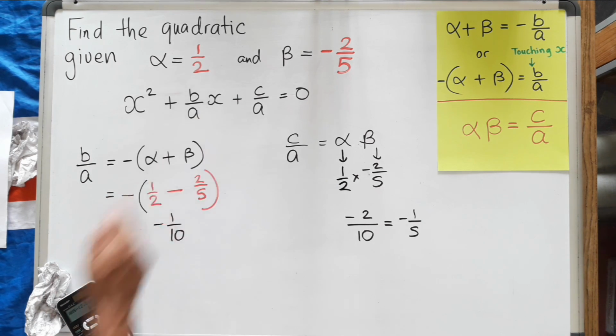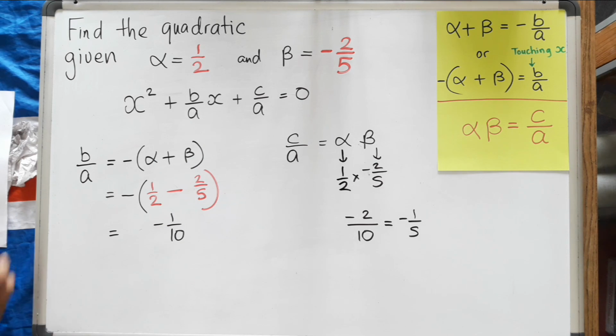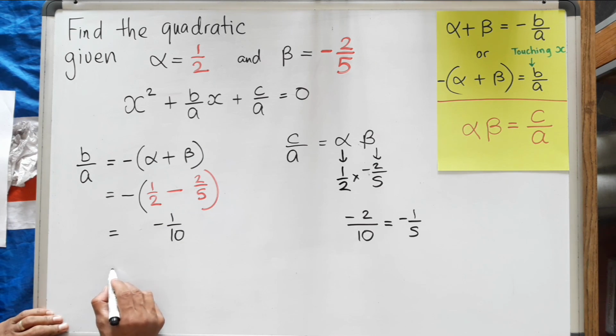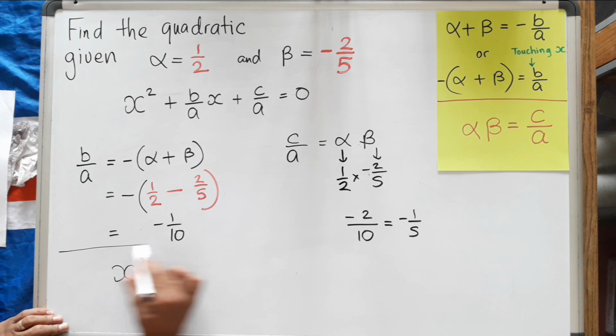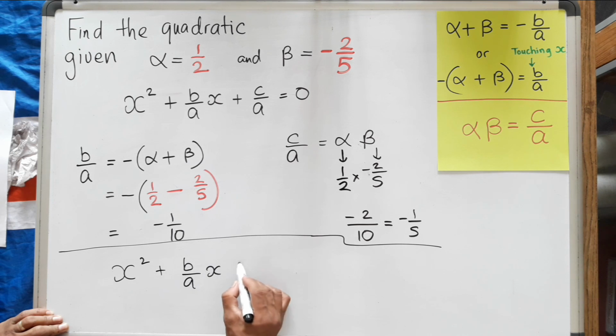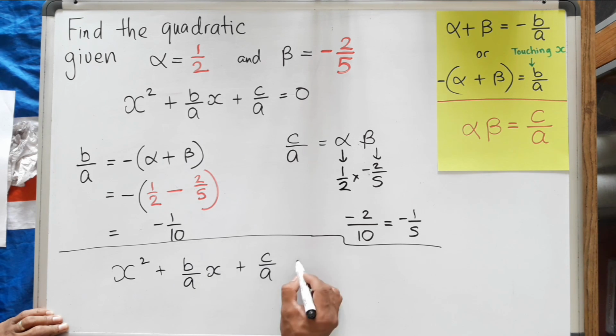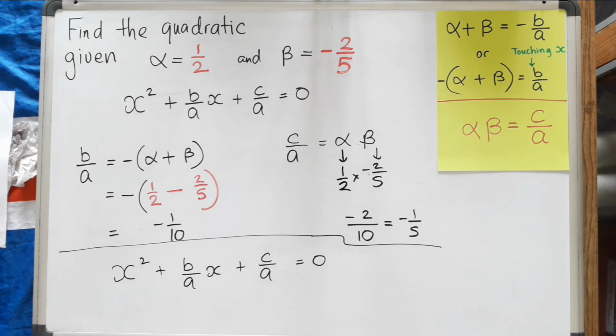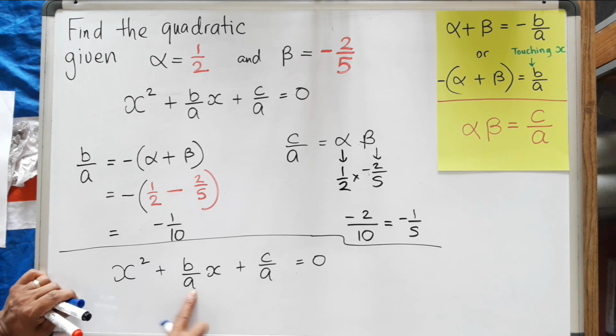Let's put it inside here. Actually, let me just write it bigger here. So we have x squared plus b divided by a x plus c divided by a is equal to 0. Just a replacement game now. B divided by a is minus 1/10.